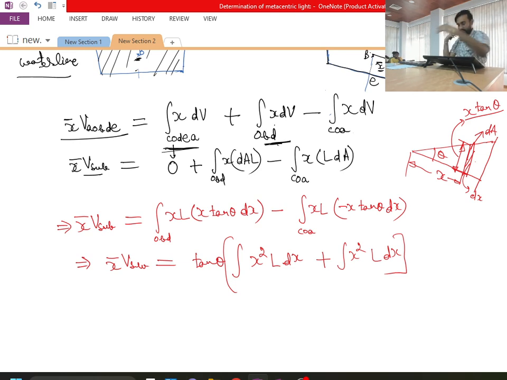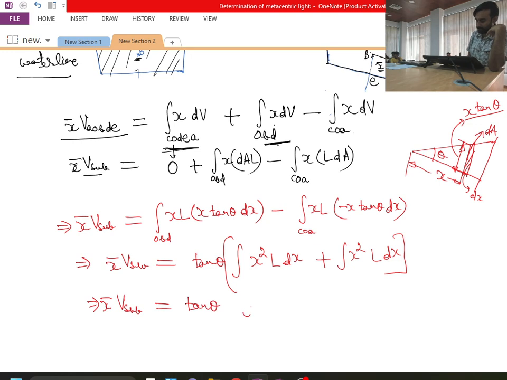So I will be calling it the planar area which is parallel to the x axis. So I can say that x bar into submerged volume is nothing but equal to tan theta times integral of x square dA water line.